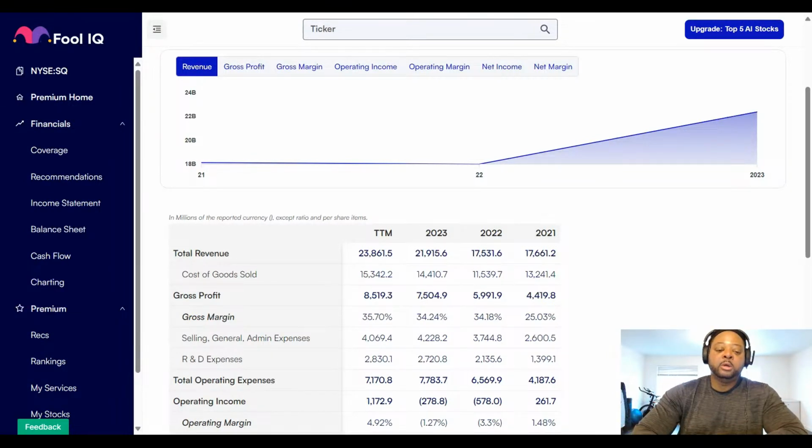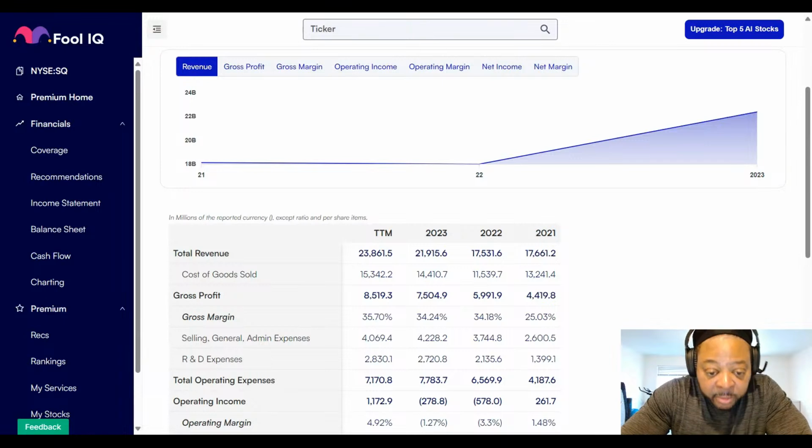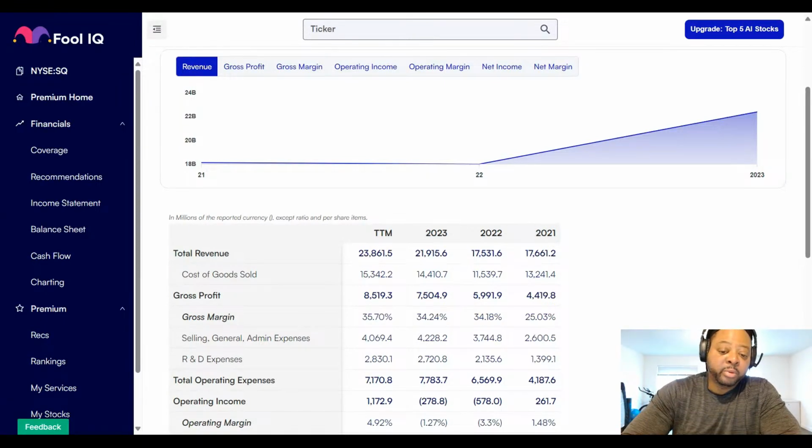That is exactly what that is. So y'all don't have to. So this is the total revenue they made minus expenses, pretty much cost of goods sold. Now this is the gross profit. So 15 million, so 8 million. Yeah, 8,519,300 is what the company profited.